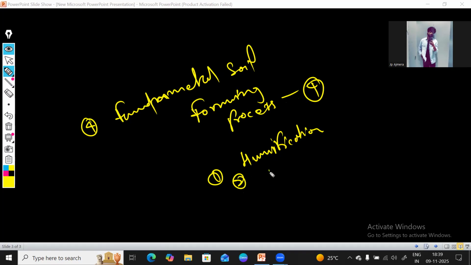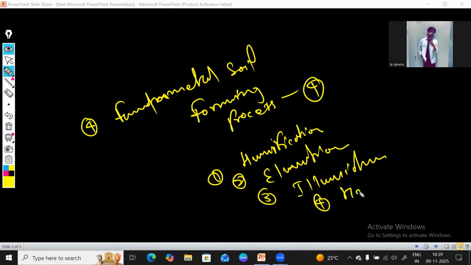The second one, eluviation. The third one was illuviation. And the fourth one was horizonization. I hope it's clear to you. Let's move to the next one. What is the next one?